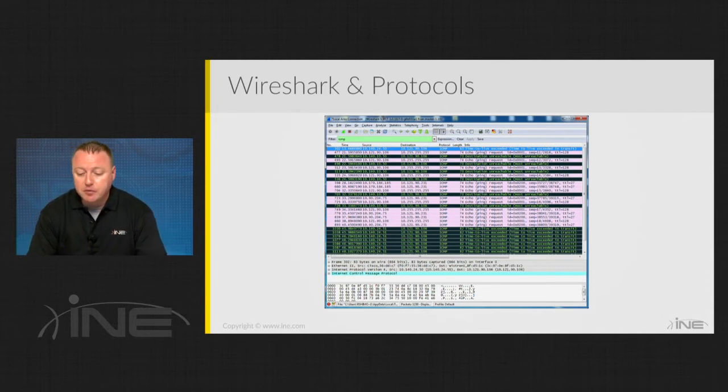Some of the ways you can learn more about protocols is to read RFCs, requests for comments, do some research, and there are some good books you can read. But predominantly, the way I've done it in the past is that every time I run a capture and find things, it immediately sparks my interest to dig deeper into what that is and how it actually operates on the network, what it does.